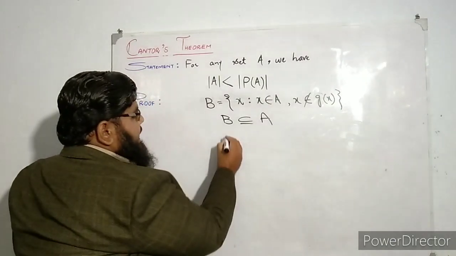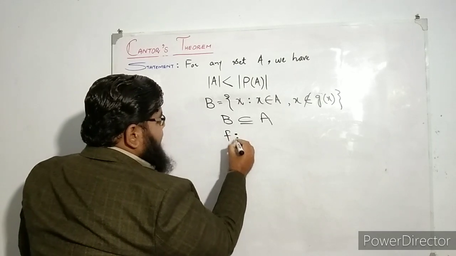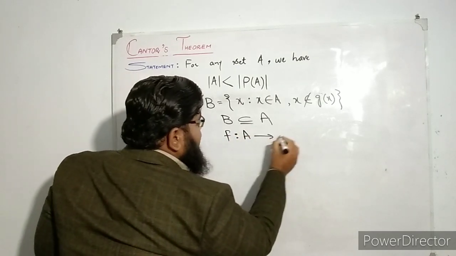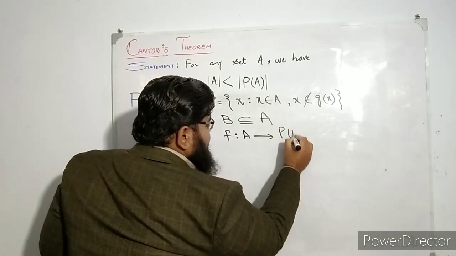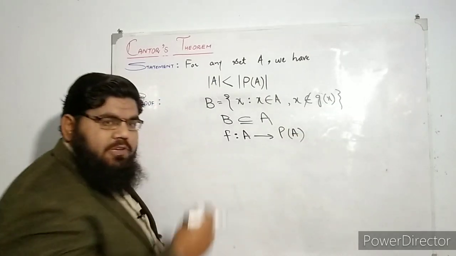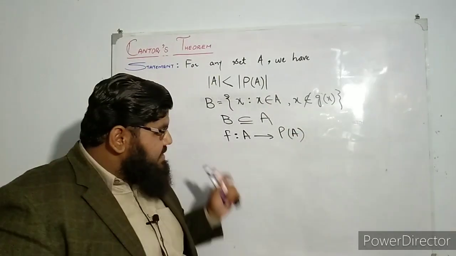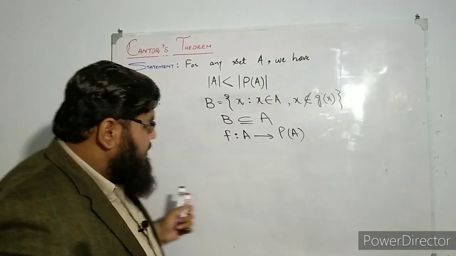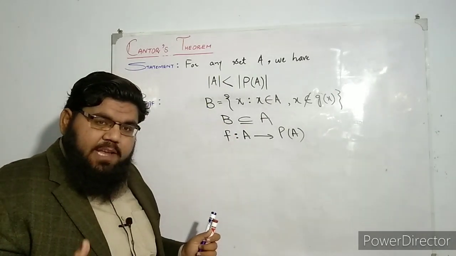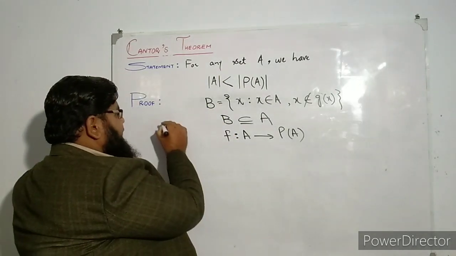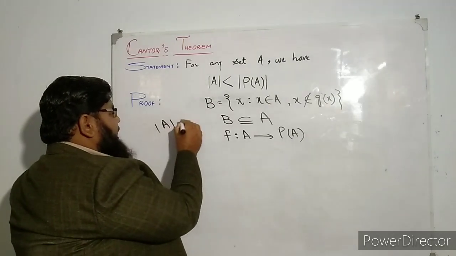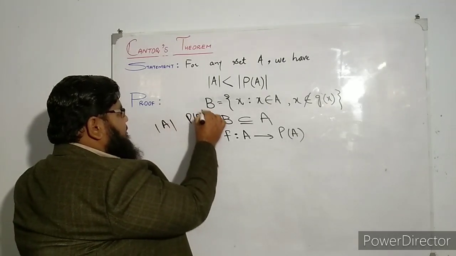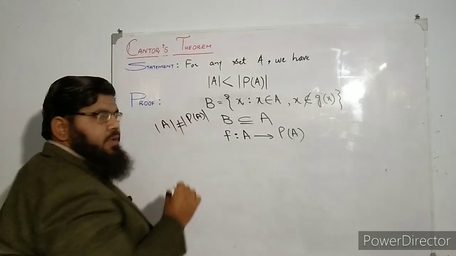This time we are saying that this mapping is F, and it is again from A to P of A, defined as usual. And what we need to prove here is that the cardinality of A and the cardinality of P of A are not equal.